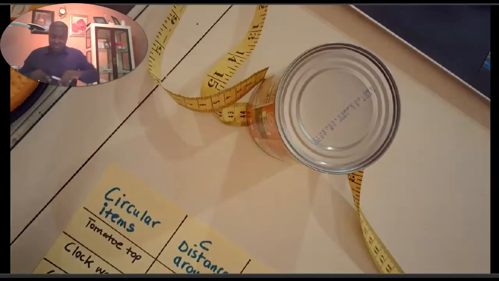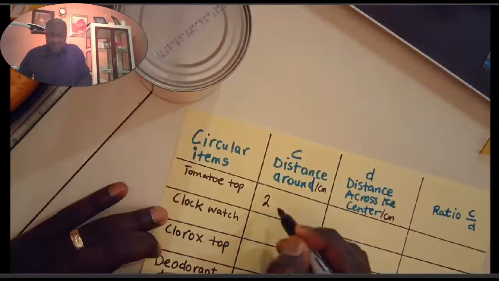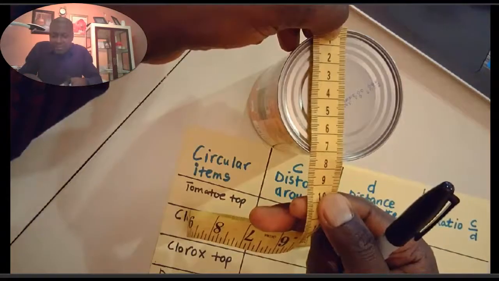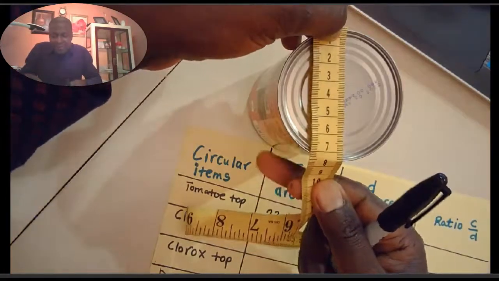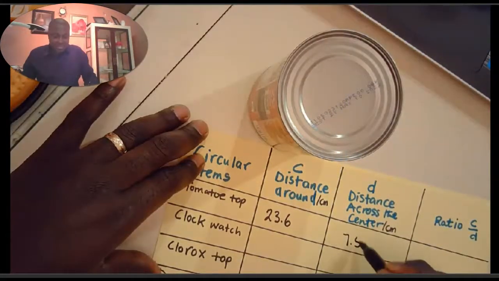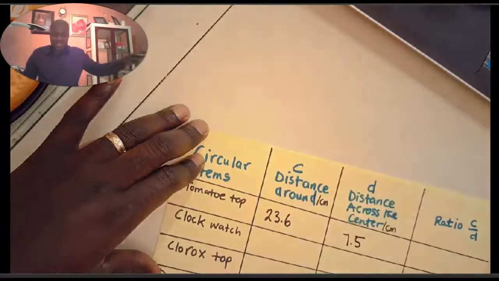So around gives me 23.6. So we record that here. And then we go across with a centimeter, giving me 7.5. So we got 7.5 centimeter. We are done with this.